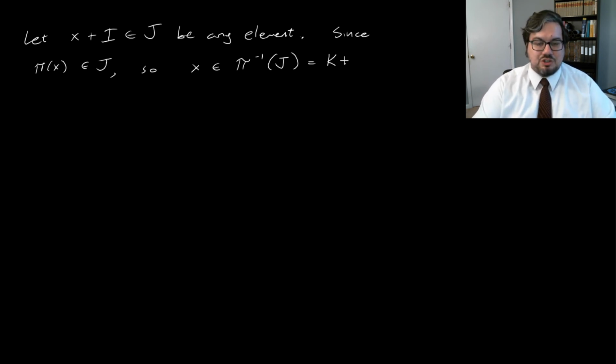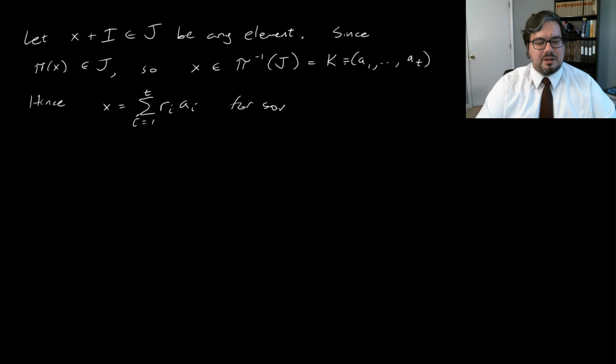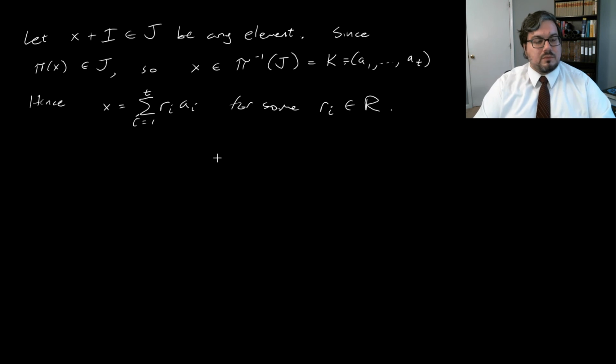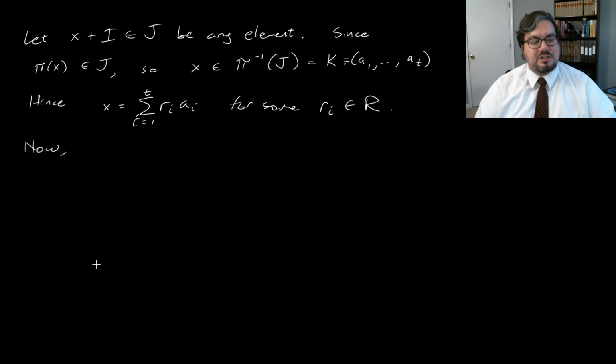Now, since K is generated by the elements A1 through AT, we can write X as a combination of Ri Ai, i goes from 1 to T, for some Ri's in R. So now we want to show that this X plus I can be written as a combination of the Ai plus I's that we had before.